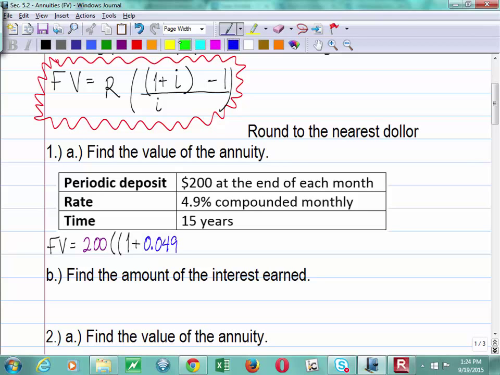So this is R, the payment, capital R, and then the lowercase r representing the rate would be 0.049. And since it's compounded monthly, M is 12, and then T is 15. So this is going to be 0.049 over 12.